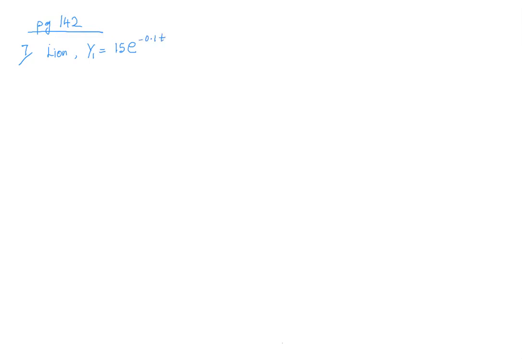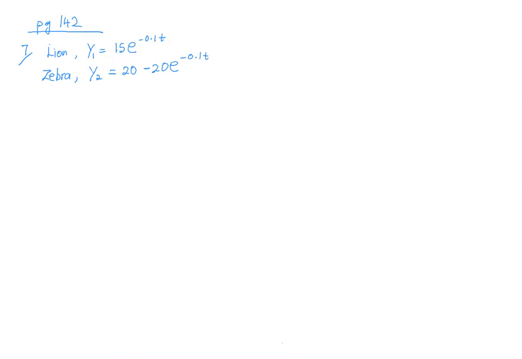Okay, then the second one is the zebra. So you record down nicely. So that one you will key into your Y2. That is your V2. 20 minus 20 e to the power of negative 0.1 t.